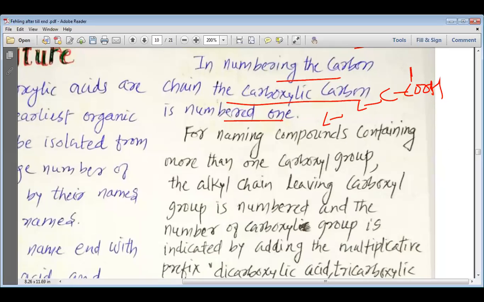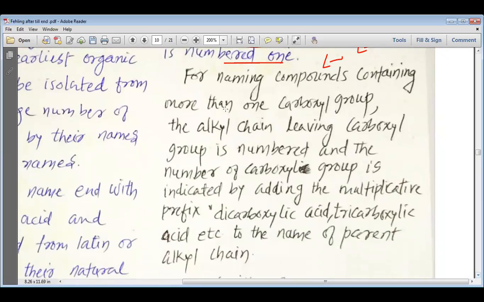For naming compounds containing more than one carboxylic group, suppose both these CH2 have COOH.